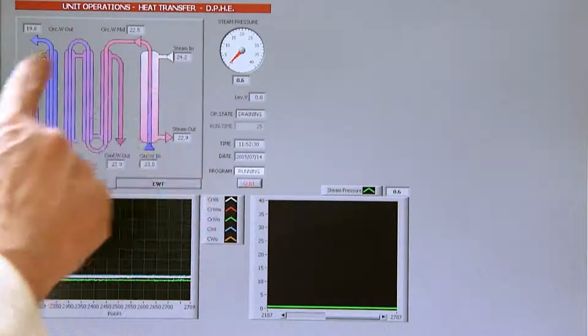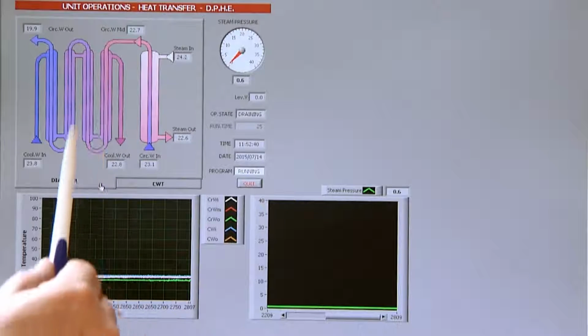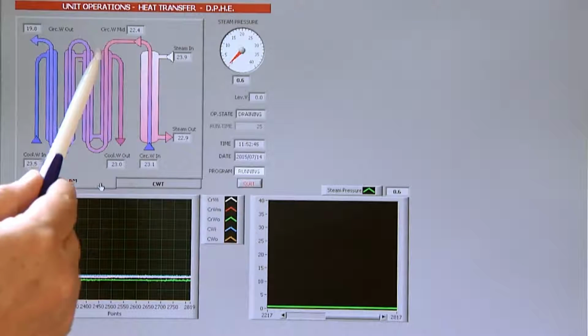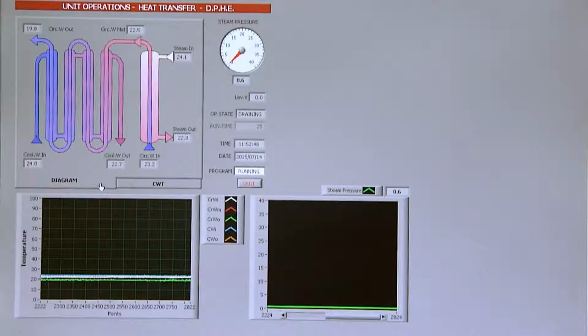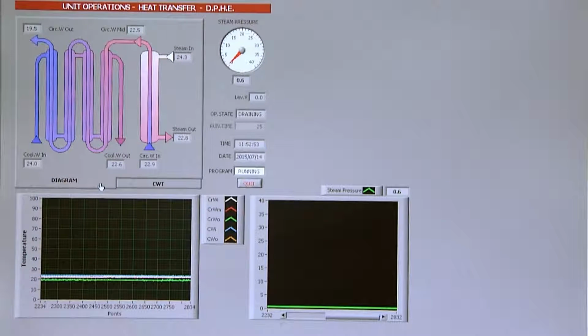In this schematic, we have represented the heat exchanger, and you have the 5 different pipes, 1 for heating, 4 for cooling, and each one of these numbers represents one type K thermocouple. The thermocouples read the temperature locally, then go through a filter, and then the data are read by a program that was written in LabVIEW.